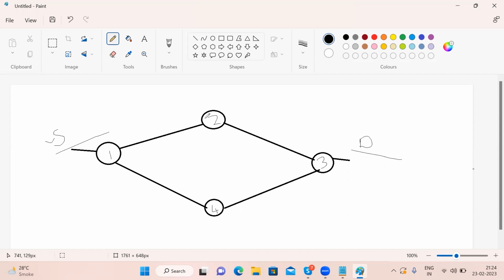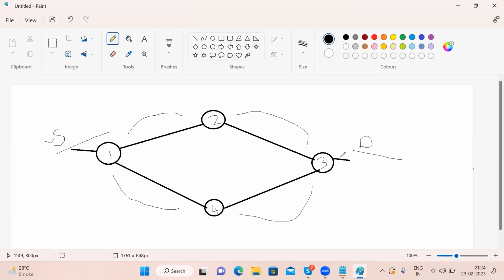If you prefer the upper one, how many hops do you require? One, and the second hop is the destination. Here you require only two hops to reach the destination. Similarly, if you prefer the bottom one, there also you need two hops. This is the first one and this is the second one.